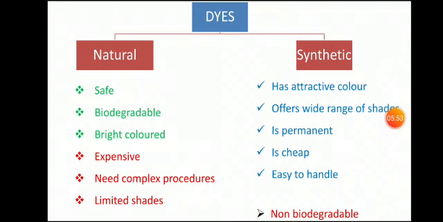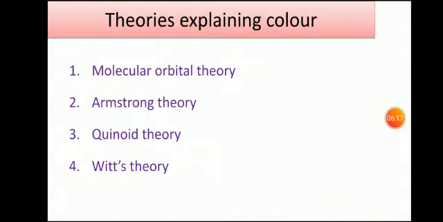Synthetic dyes have attractive colors, offer a wide range of shades, are permanent, cheap, and easy to handle, but have one disadvantage: they are non-biodegradable. Nowadays synthetic dyes are used everywhere, for applications like dyeing textiles.